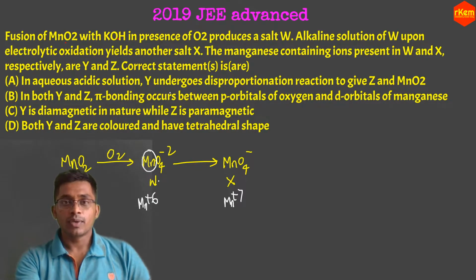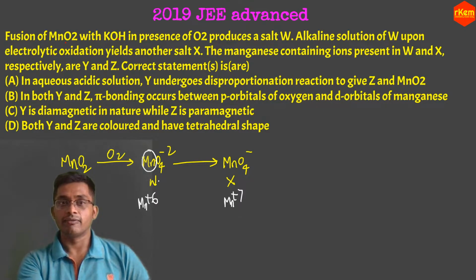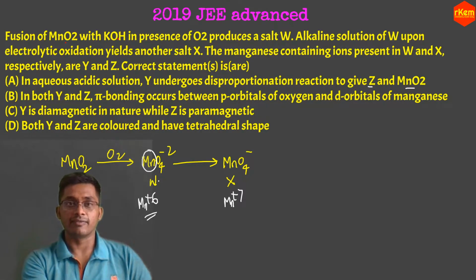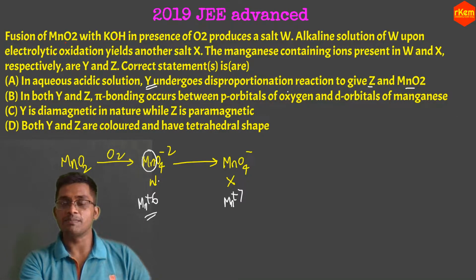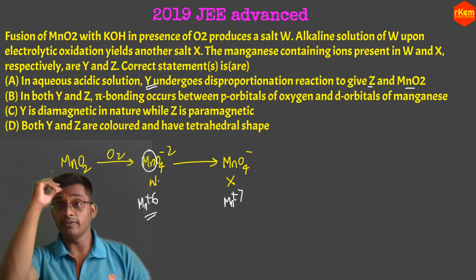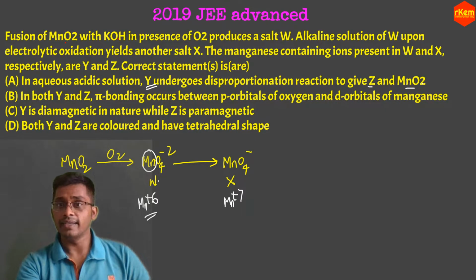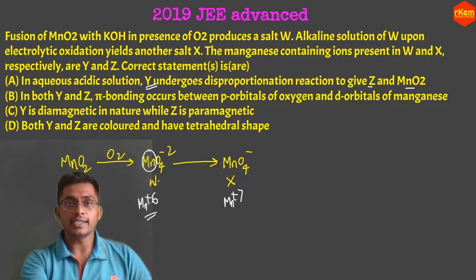Now, what are the correct statements? First option, is it correct? Y undergoes disproportionation reaction to give Z and MnO2. Mn plus 6, they are saying. What is Z here?